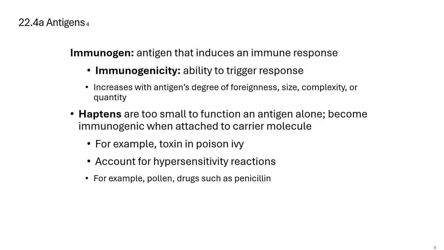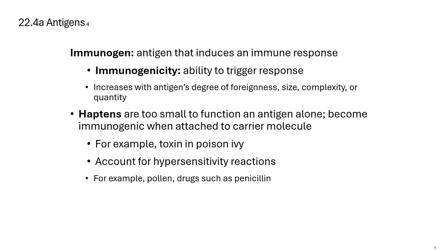There are other terms that you'll see, something called immunogen. This is an antigen that can induce an immune response, and if we are able to initiate an immune response, we have what's referred to as immunogenicity. So we have the ability to trigger a response. Immunogenicity is from the perspective of the antigen.